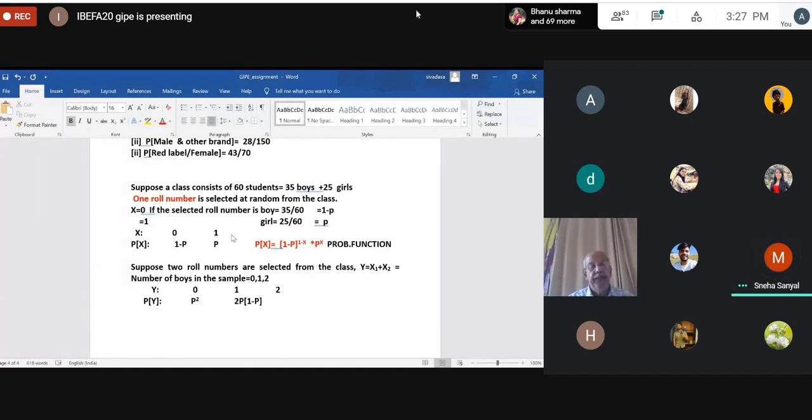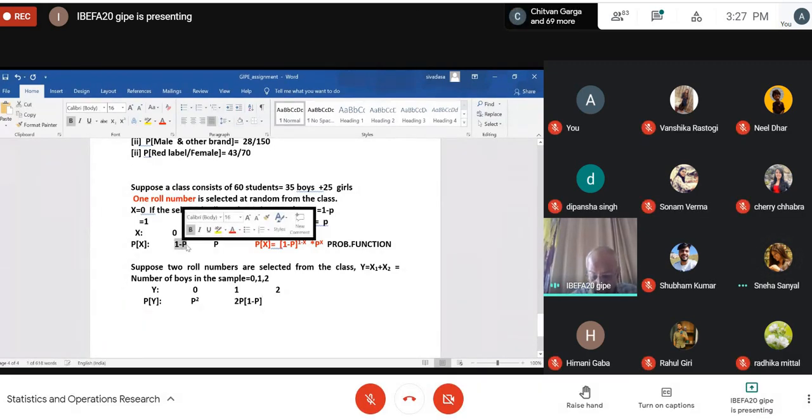Yes, we have assumed that X is 0 if the roll number selected is a boy, no? So no boy. So I have to show girls as P. Sorry. In my earlier example, I have to show it as P and 1 minus P. You are correct.